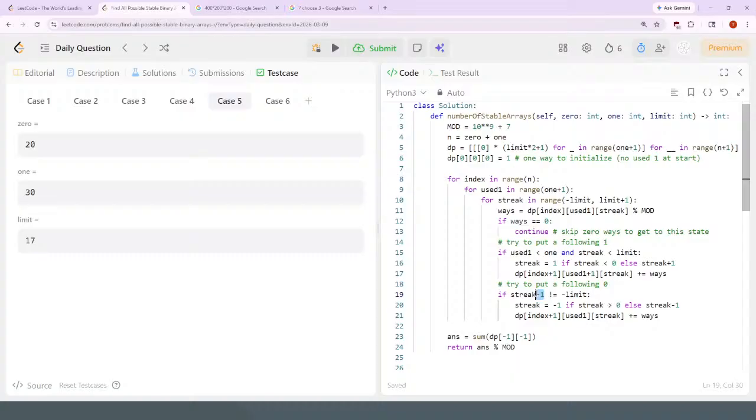Becomes -2, -3 becomes -4. Oh, I see. I see, I see. I'm screwing up my streaks here. I'm using both streaks. Let's say s equals 1.